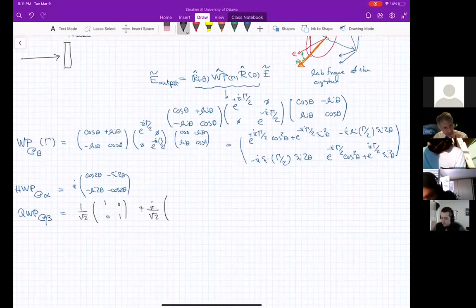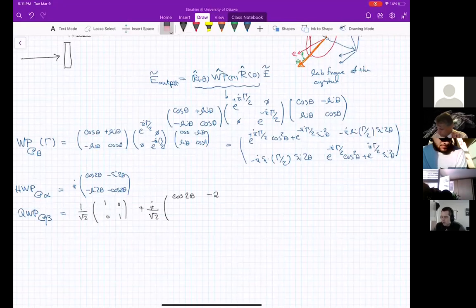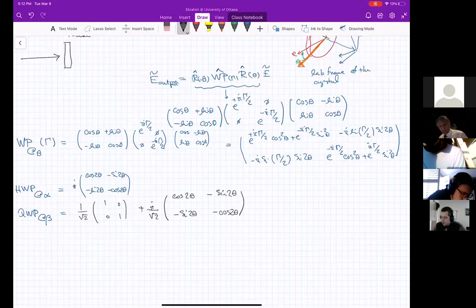I can write it as cosine of 2 theta, sine of 2 theta, minus sine of 2 theta, minus cosine of 2 theta. Okay. Good. No mistakes. Good. So this is the action of a half-wave plate as well.